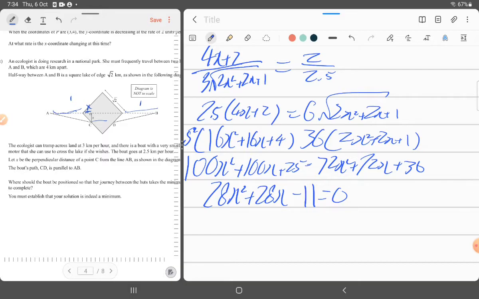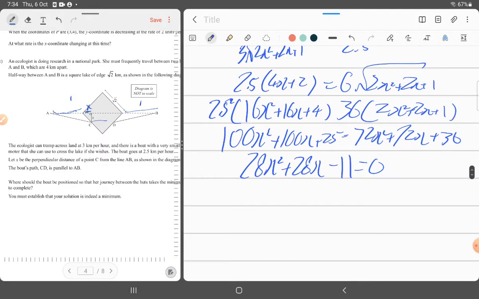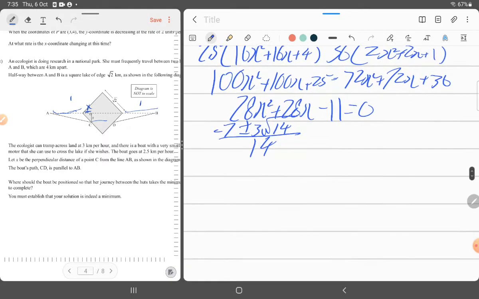Then we just put it in our polynomial solver in the calculator, which gives minus 7 plus or minus 3 square root of 14 over 14, which is equal to 0.3017 or negative 1.301, and we can just ignore the negative.